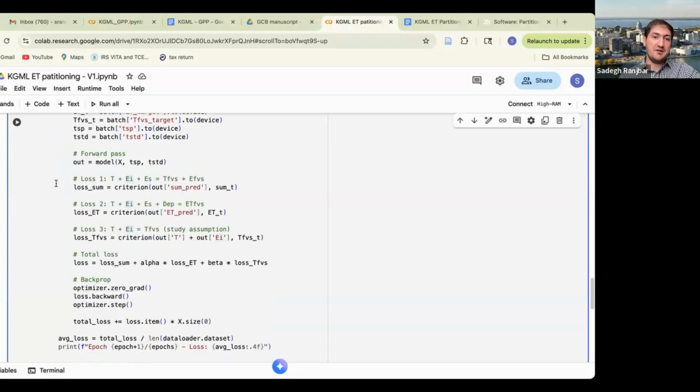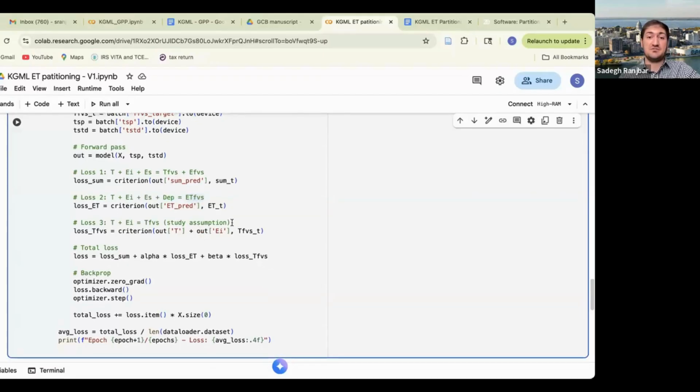And here we are computing our losses. The first loss makes sure that this equation holds: the sum of T, intercepted evaporation, and surface evaporation is equal to the T plus E coming from the FVS approach. The other loss function makes sure that the sum of all four is equal to ET.